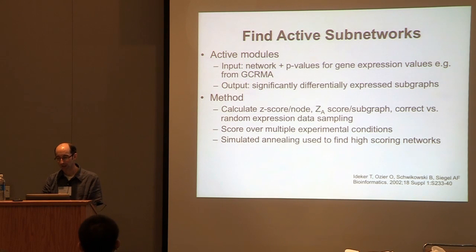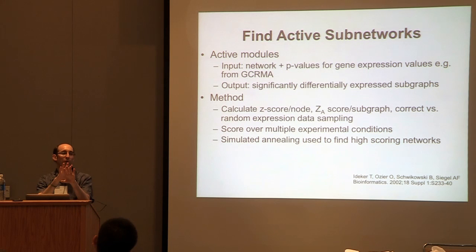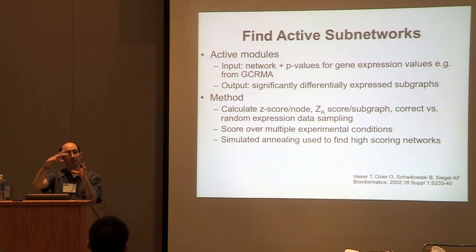Active Modules takes both of this information together and tries to find regions of the network that are significantly connected and differentially expressed. So this might be useful for finding modules that are really changing in a particular experiment.